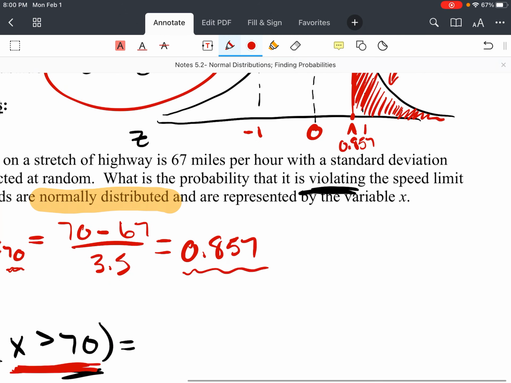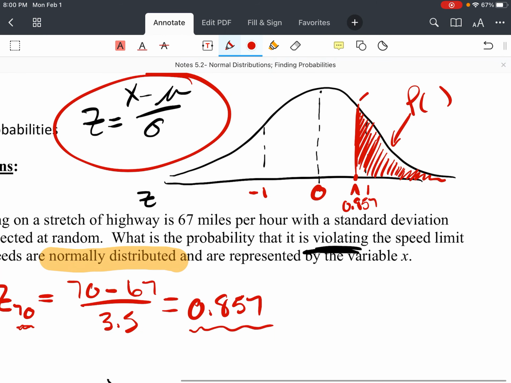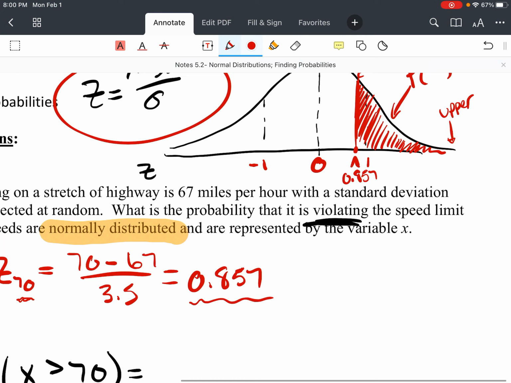To find the probability, you're going to hit 2nd VARS on your calculator, scroll down to normalcdf, and fill in this information. Remember that the furthest to the left represents the lower limit, and the furthest to the right, which in this case should never end, will be your upper limit.